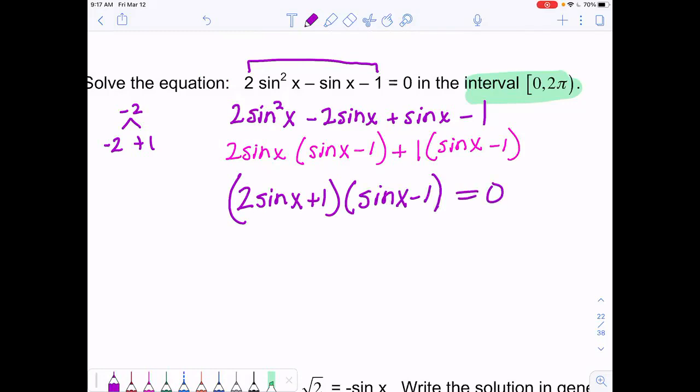Zero product property. When you have a product and they're set equal to 0, you're allowed to individually solve for both quantities. So I can solve for both of these and say the sine is equal to -1 or the sine is equal to -1.